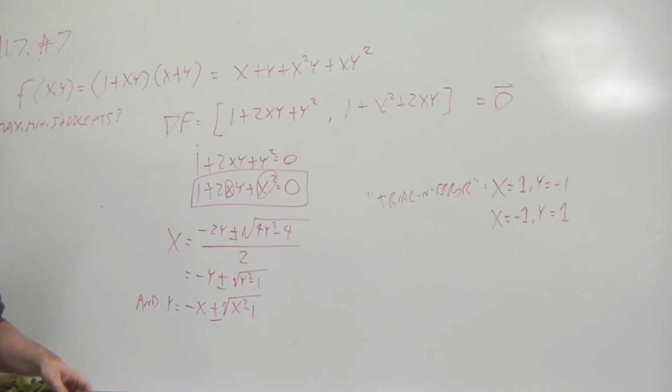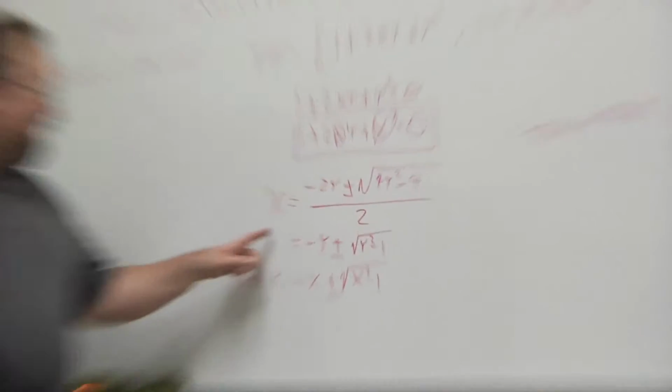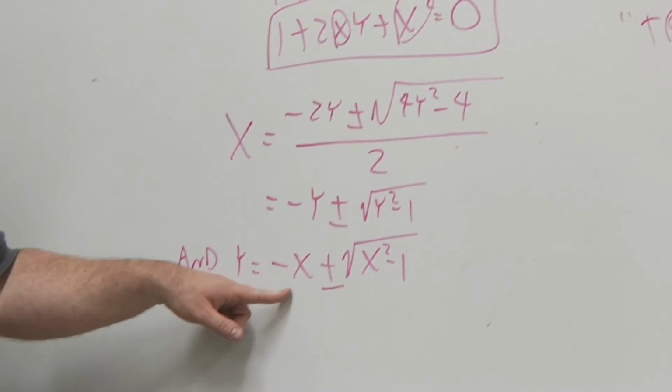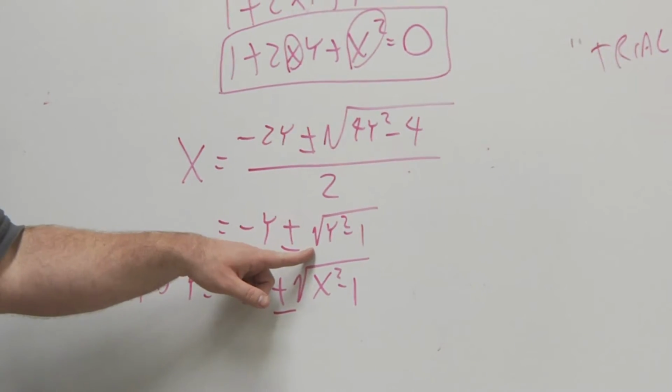The next thing that I would try, in order to ensure that these are the only solutions, would be, now that I have a formula for y in terms of x, to take that and plug it in here.